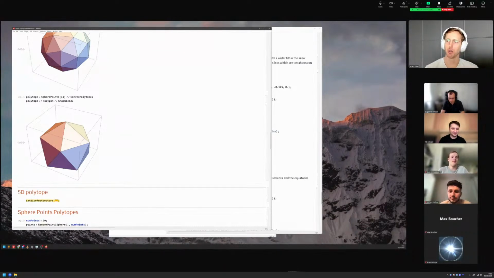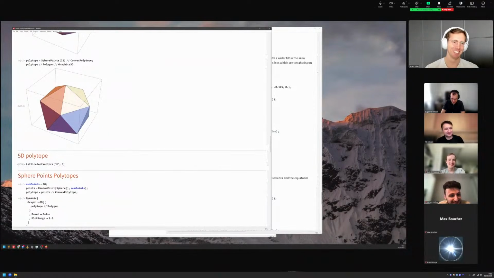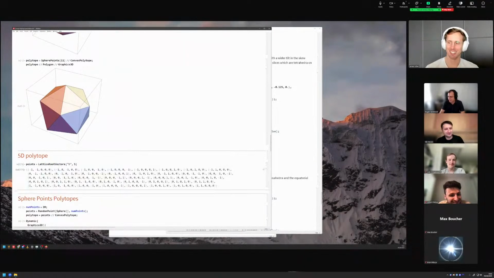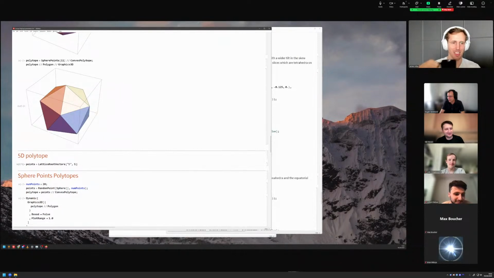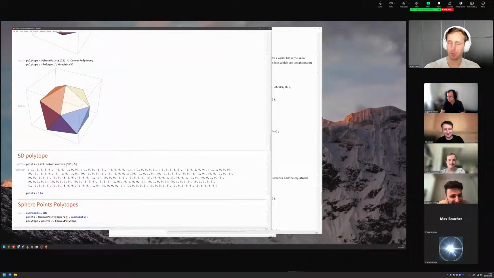Oh, I know. Maybe make 1 slider for the number of dimensions. Let's just take things one dimension at a time, I guess. The dimension of dimensionality.